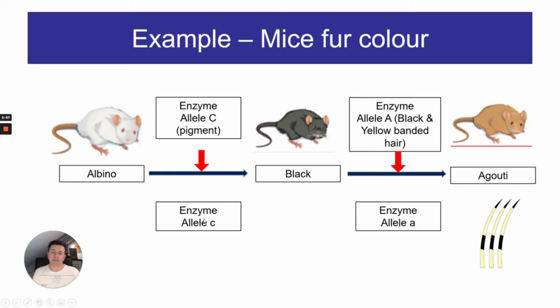If the parents have the enzyme allele recessive, then they won't produce the pigment. So in this case, if the offspring had recessive alleles, they would all be albino. And they would be black if the enzyme allele was a recessive a, because they would have non-functional enzymes.